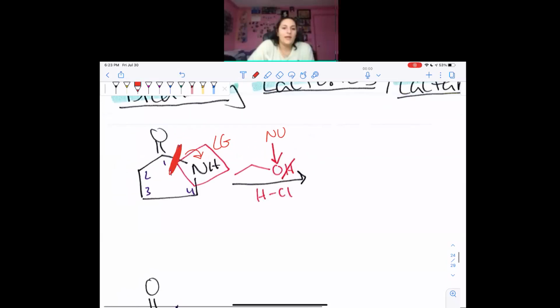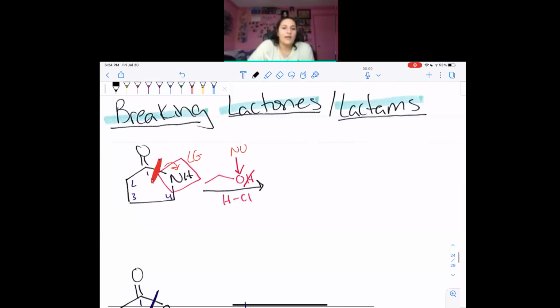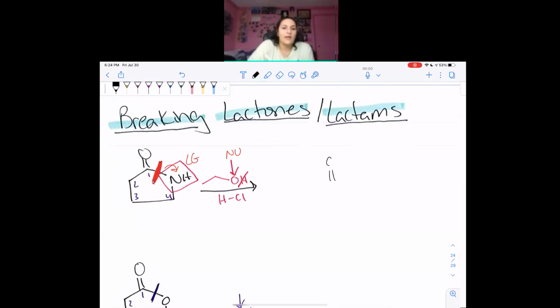Okay. So first things first, I'm going to draw a 1, 2, 3, 4 membered chain. On carbon 4, we have an NH2. And on carbon 1, we attach the nucleophile, which is this guy.